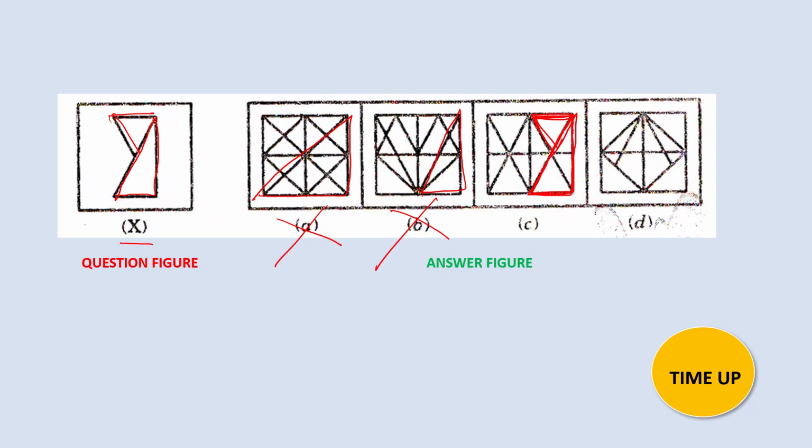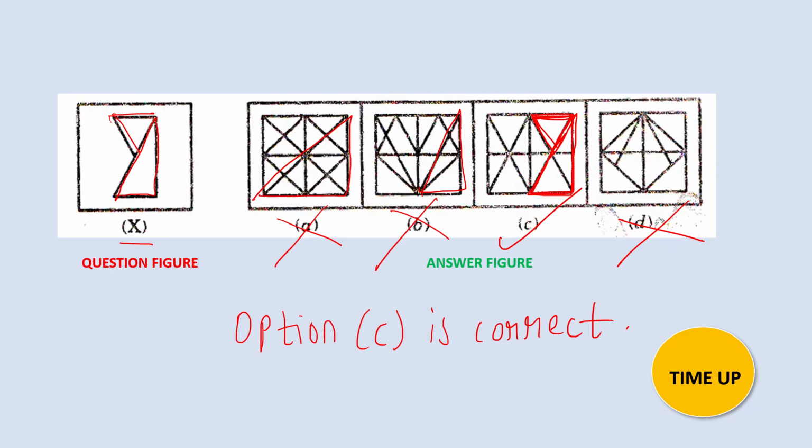So the exact replica of the X image is found embedded in option C. So option C is the correct one. In option D also you can't find that. So option C is correct.